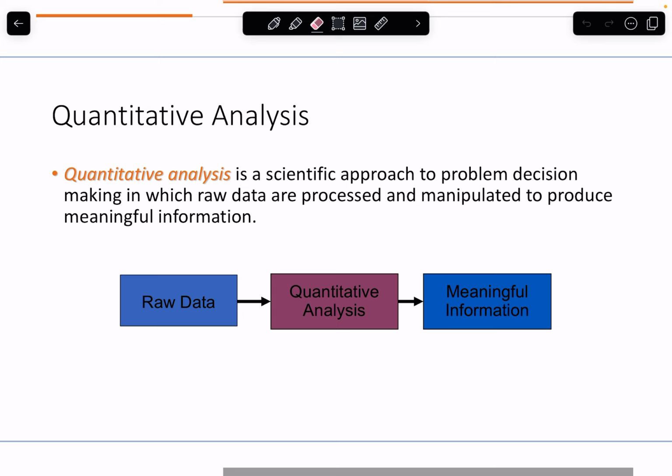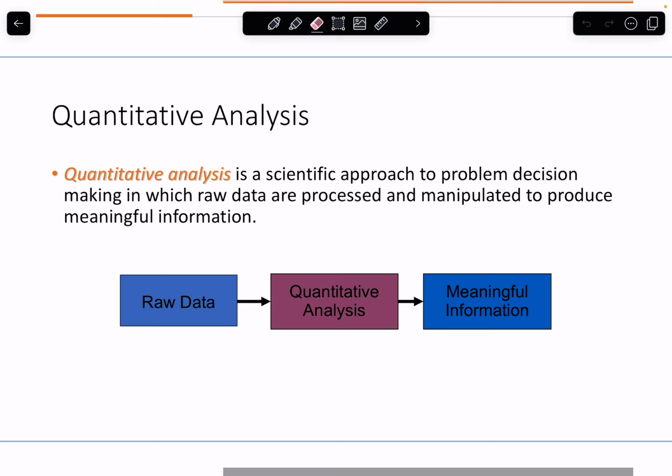Decision making is best achieved once we have accurate data. Through the process of quantitative analysis, through proper interpretation of the mathematical model and analyzing what it means, that would give us a meaningful decision, a decision that is based on facts and actual data.